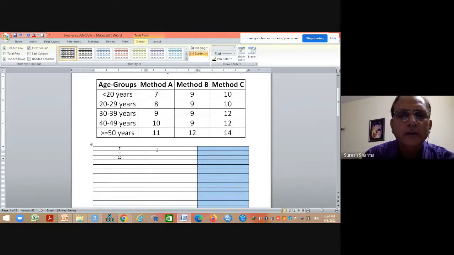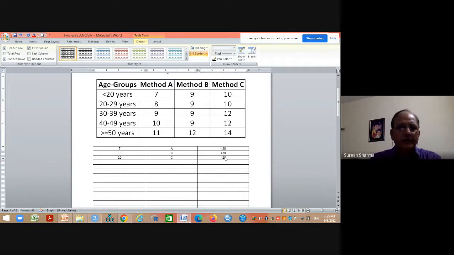Now 7, 9, and 10. 7 is for method A, 9 is under method B, 10 is under method C, but they all belong to less than 20. This one is less than 20, this is less than 20, this is less than 20. Is this okay? I have written.